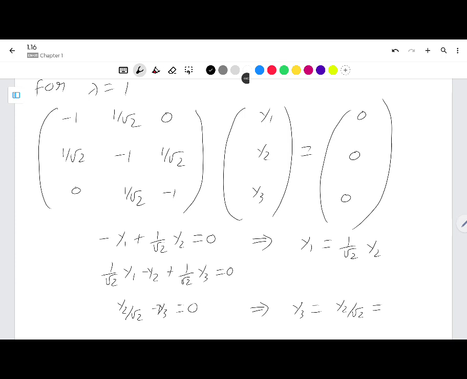Since y2 is square root of 2 y1, y3 is written in terms of y1, and y2 is also written in terms of y1.